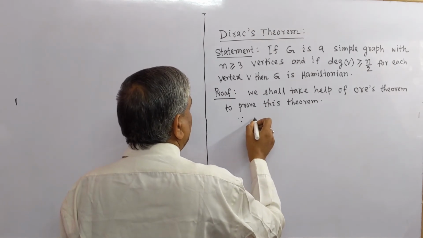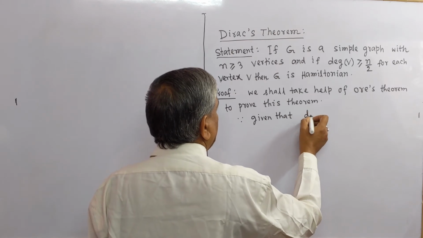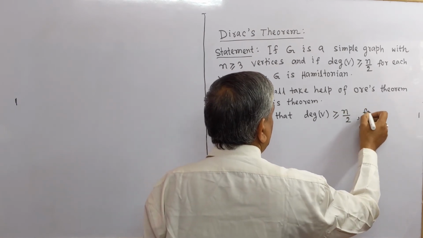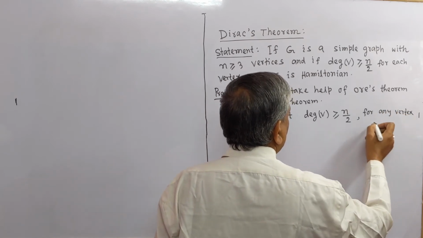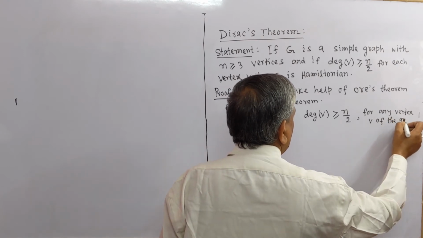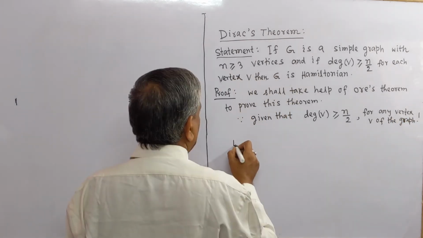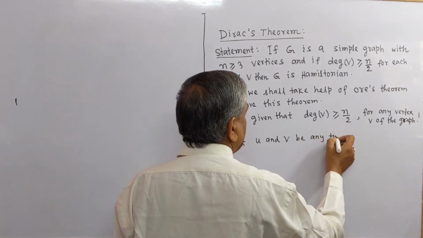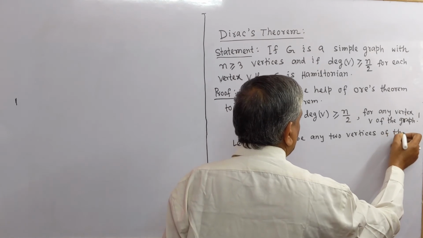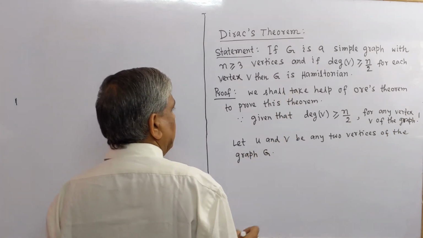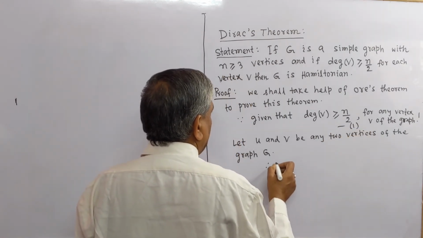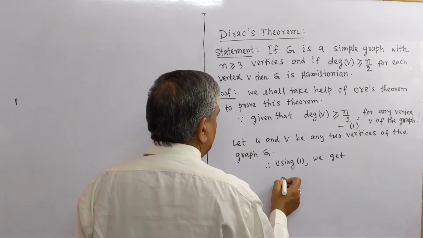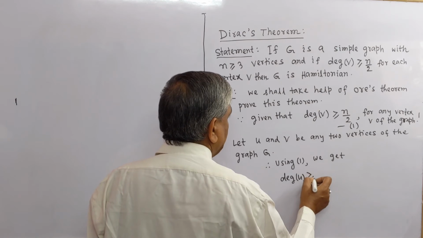Since given that degree of vertex v is greater than or equal to n by 2 for any vertex v of the graph, let u and v be any two vertices of the graph G. Therefore, using 1, we get degree of u is greater than or equal to n by 2.